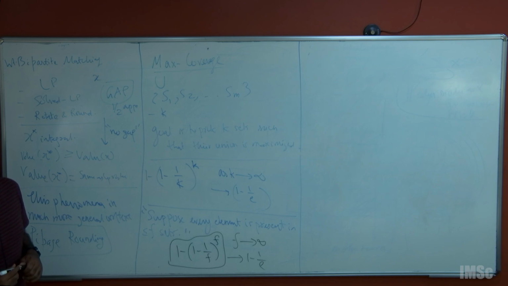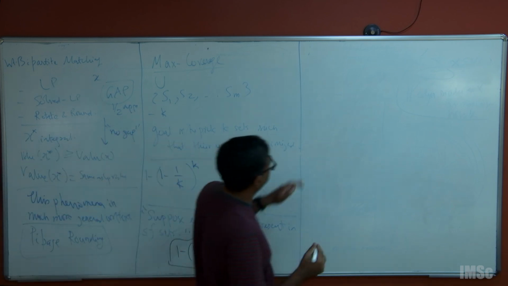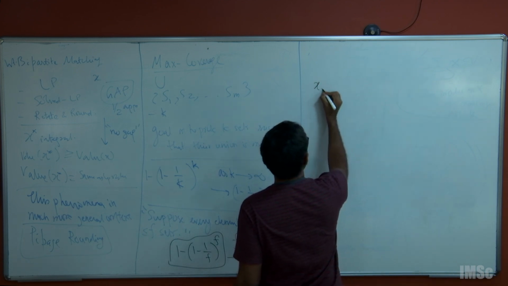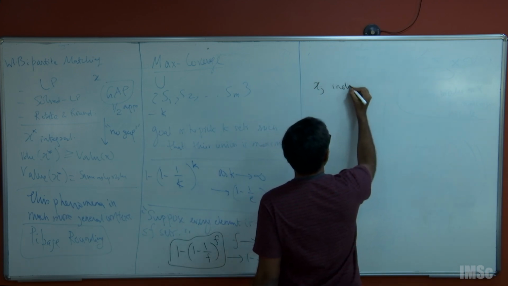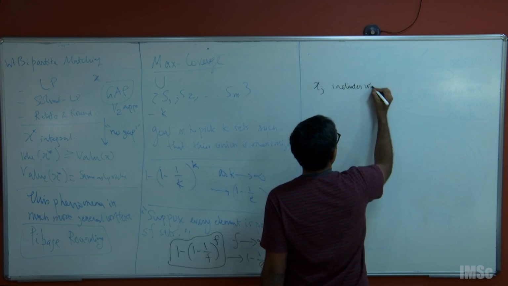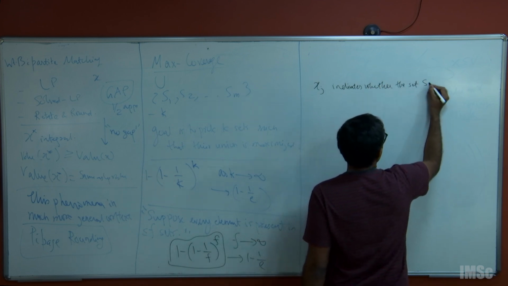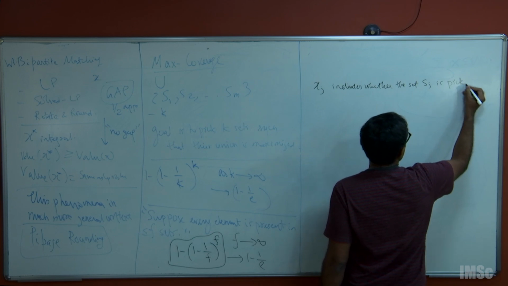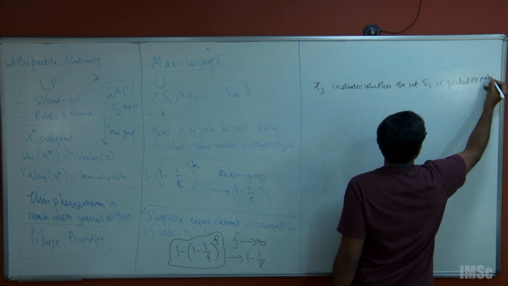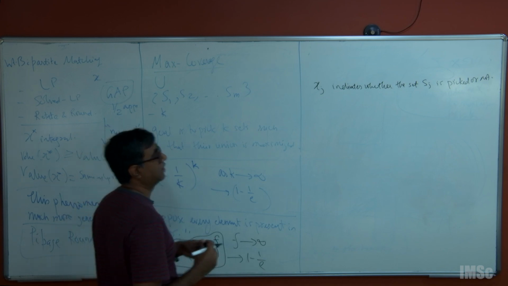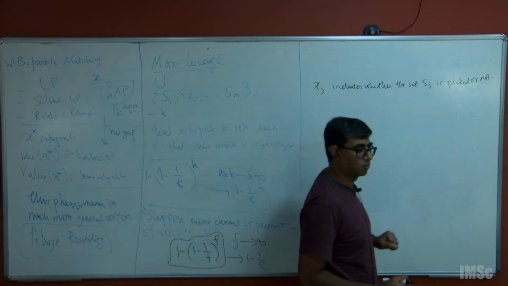Okay. Now we'll worry about it a little bit later. So suppose xj indicates whether the set Sj is picked or not. Right. So this is what my xj indicates, whether the set Sj is picked or not.